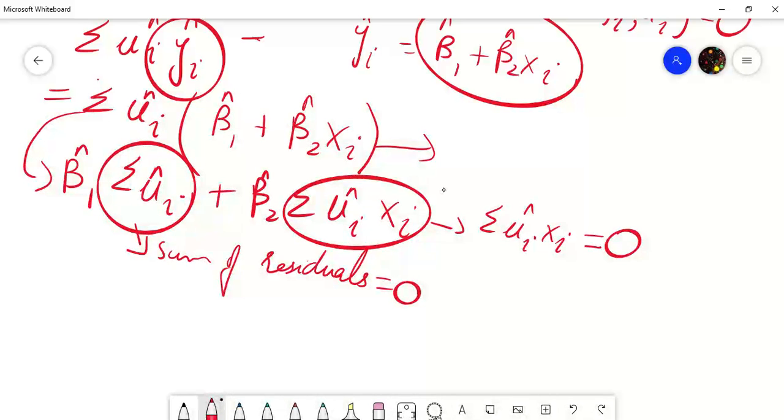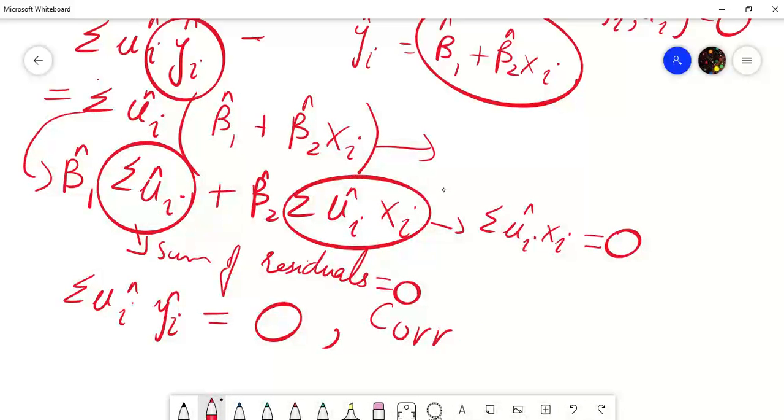So you can say that summation mu I hat yi hat is equal to 0. And similarly, as in the last property, if summation mu I hat yi hat is 0, then we can also say that correlation between mu I hat and yi hat is also 0.